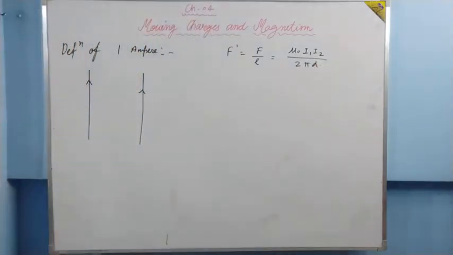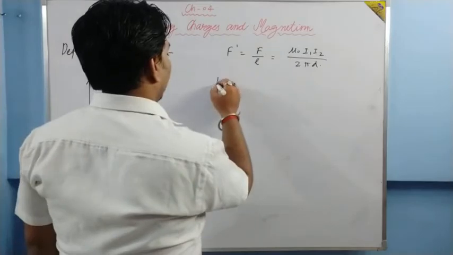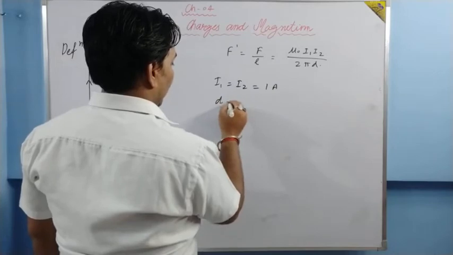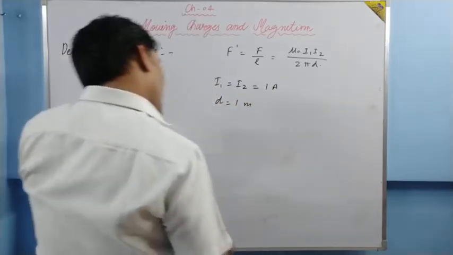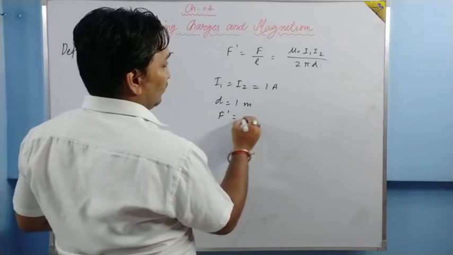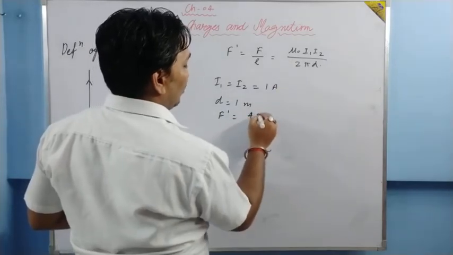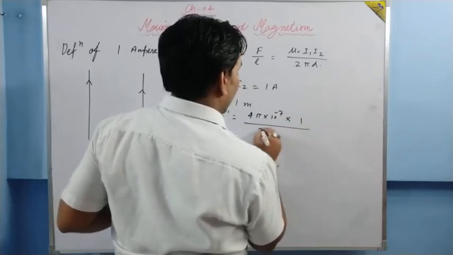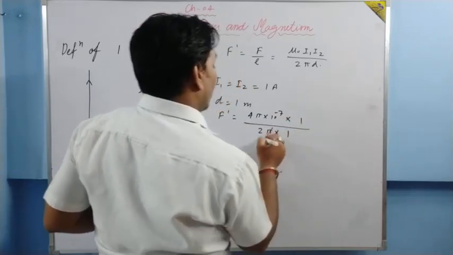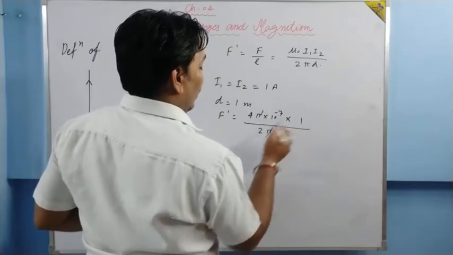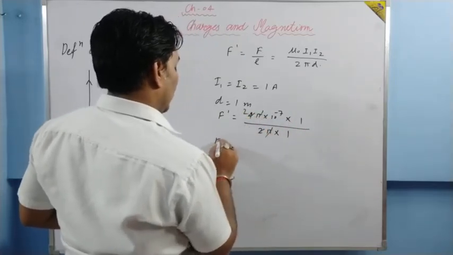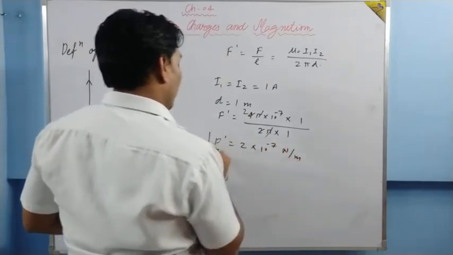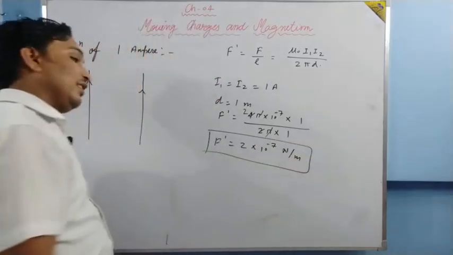Now suppose I1 and I2 both are taken as 1 ampere, d is also taken as 1 meter, then F dash comes out to be, the value of mu naught is 4 pi into 10 to the power minus 7, multiplied by 1, upon 2 pi multiplied by 1. Pi will cancel out, and F dash will be 2 into 10 to the power minus 7 Newton per meter. So this is the force per unit length acting on the wires.